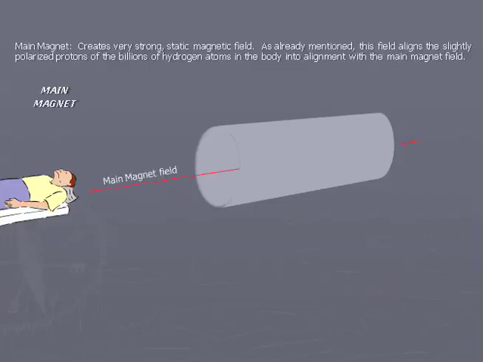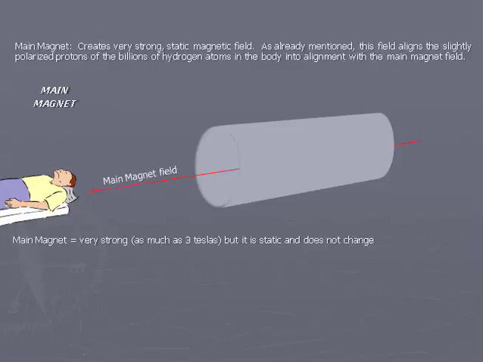As already mentioned, this field aligns the slightly polarized protons of the billions of hydrogen atoms in the body into alignment with the main magnet field. The main magnet is very, very strong, but it is static and does not alternate its direction or magnitude.